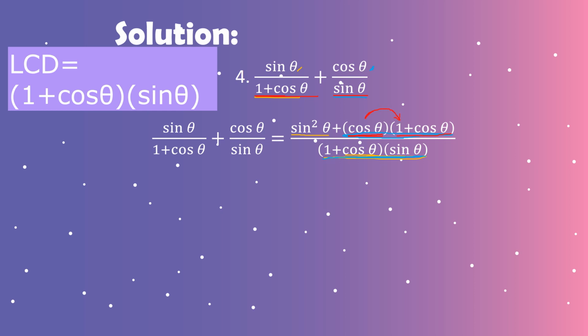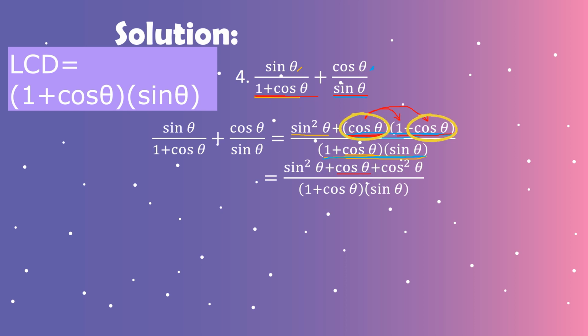Then, si cosine theta, i-multiply kay cosine theta. So, ano ang kalalabasan? Sine squared theta, di naman natin na ginalaw yan. Plus, cosine theta times 1, cosine theta. So, cosine theta multiplied by cosine theta, that's cosine squared theta. Then, we copy the rest.